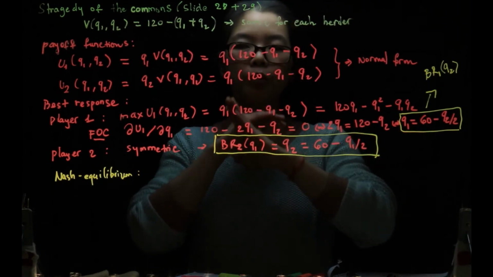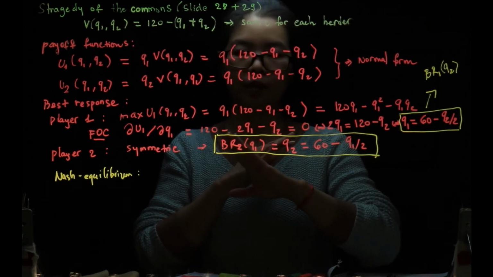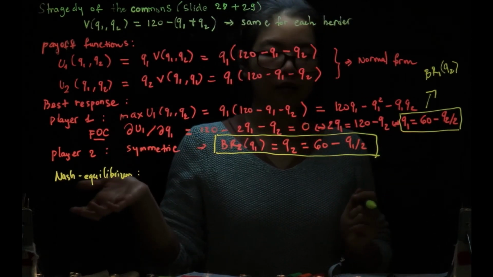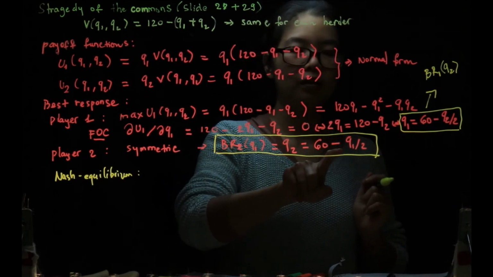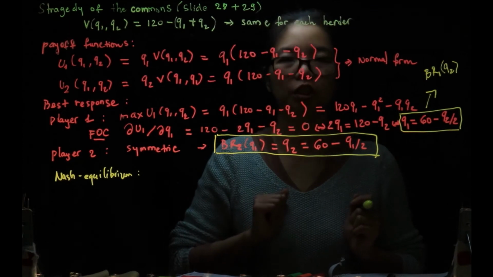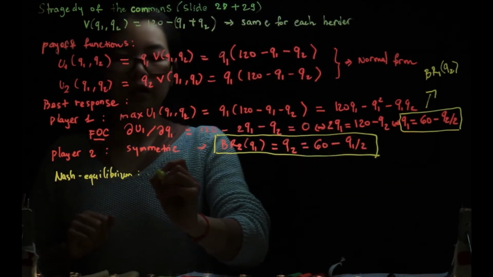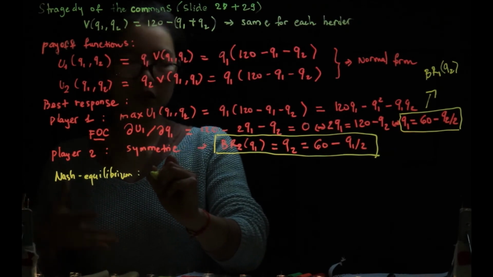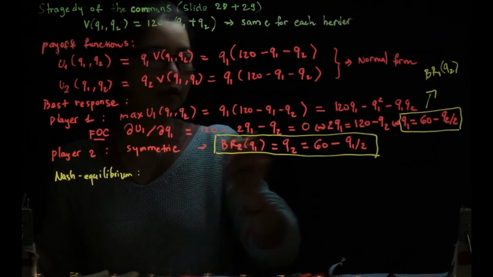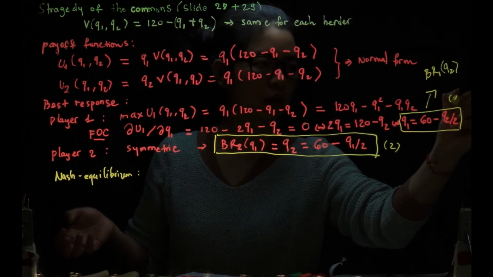So if you put these two functions on a graph, they must intersect. And any quantities at the equilibrium must satisfy this best response coming from the first order condition of the maximization problems. So we could do that numerically or analytically by, let's say this is 2 and this is 1.